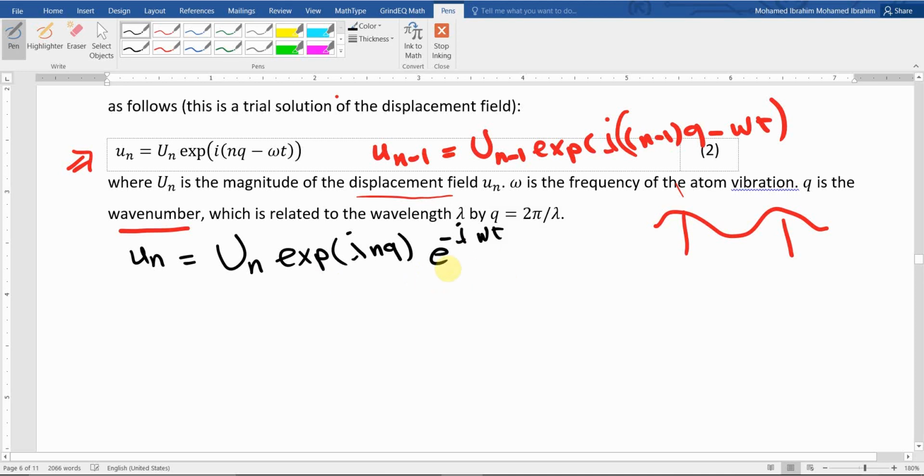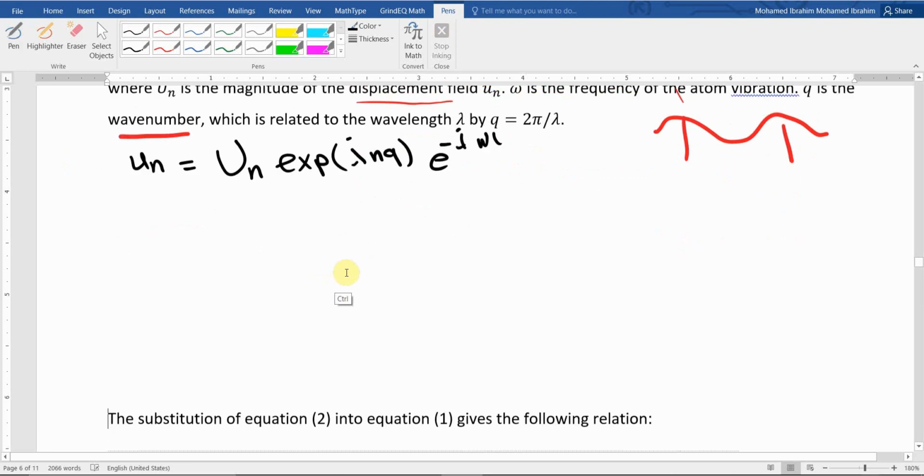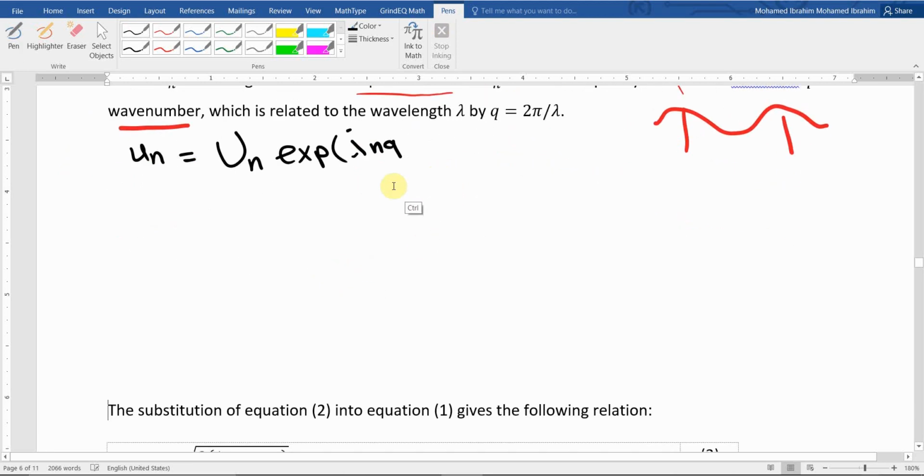Agree? I have split this exponential term into two parts. So this is going to be the exponential of i n q times e to the negative i omega t.